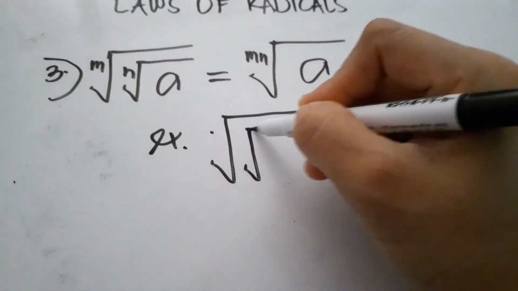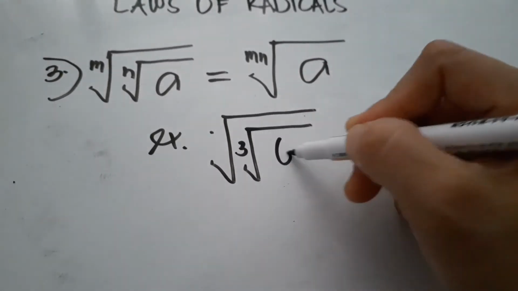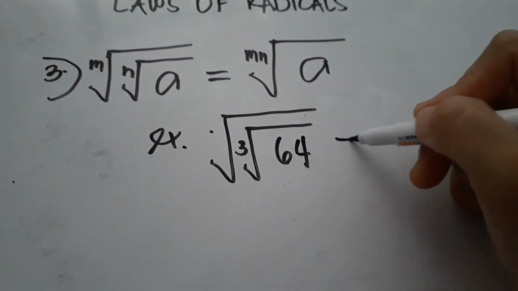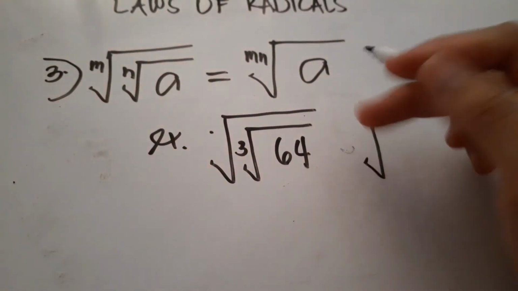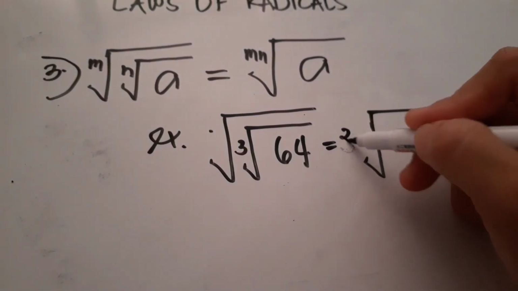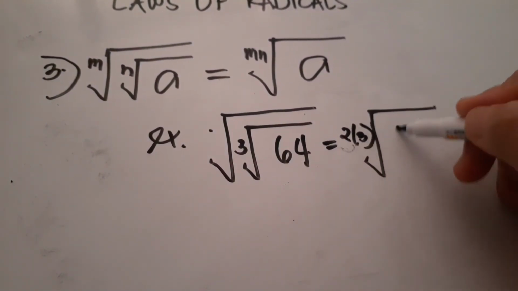Let's have an example: the square root of the cube root of 64, where 2 times 3 is equal to 6.